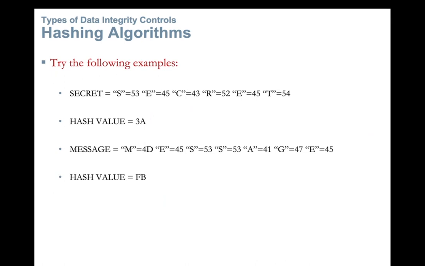That is, the secret, we say the key for this secret message. These are the hexadecimal numbers. The ASCII value is converted into binary form, which is converted into hexadecimal. And when you add all these, you will get the hash value like 3. You can try these two examples also.